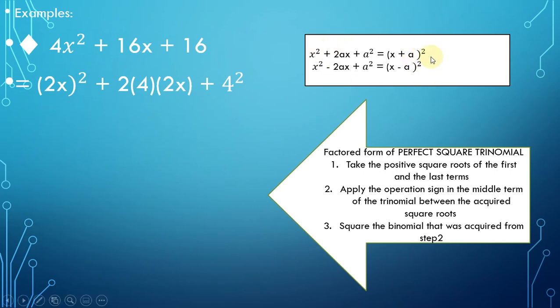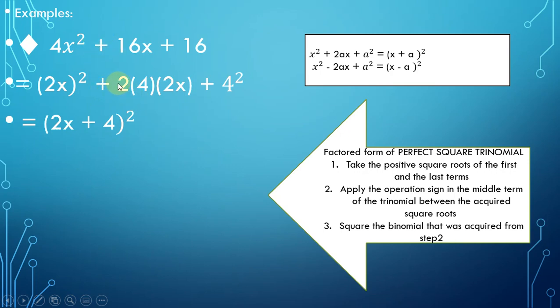Applying this formula for the factored form of a perfect square trinomial, we need to get the square root of the first term and the last term, which is 2x squared and 4 squared. And then apply the operation sign of the middle term. So the sign will be positive since the sign of the middle term is positive.